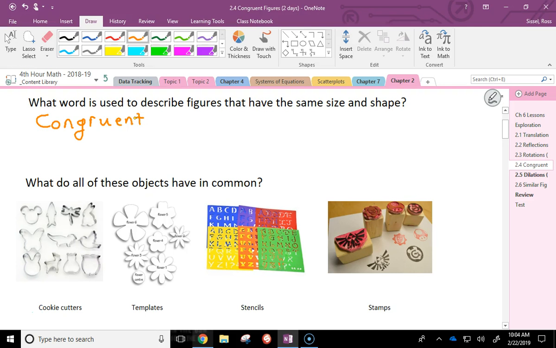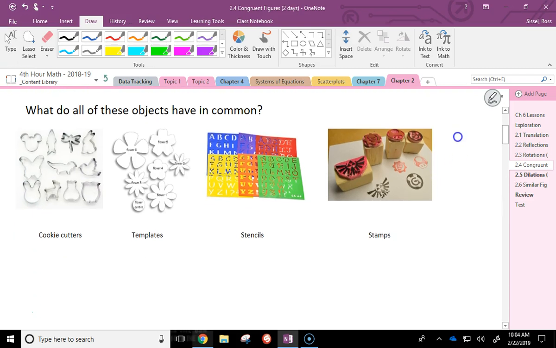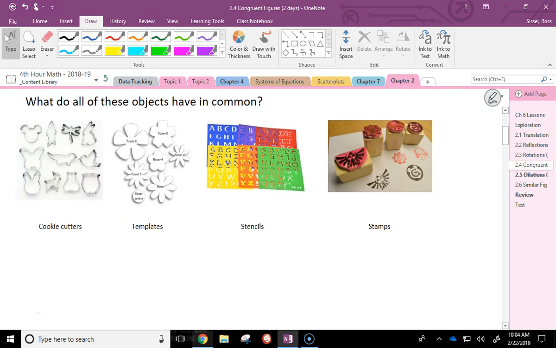Well, similar. Same. Anything else? Copies, replicas.